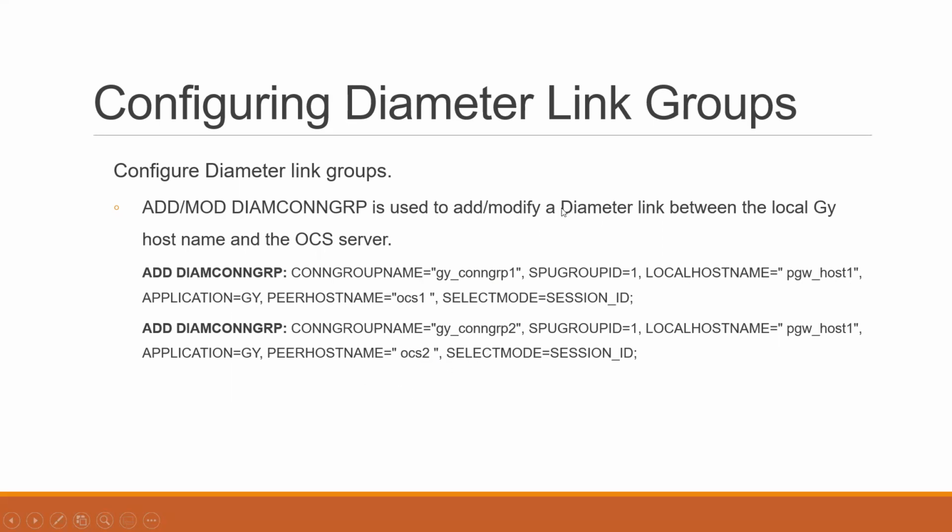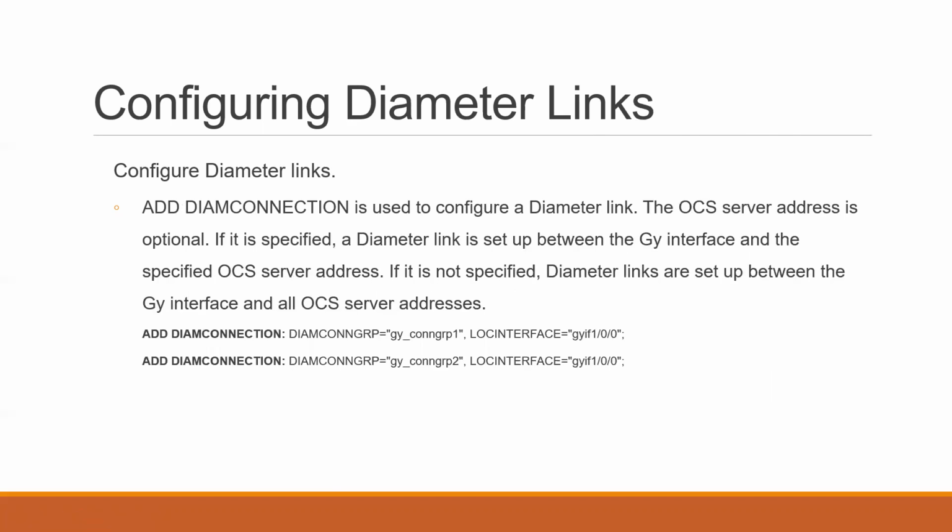Okay. So configuration of a link group is basically connecting a link between your local and your peer. Next is creating a diameter link. In a diameter link, you are mapping your diameter connection group with a local interface.